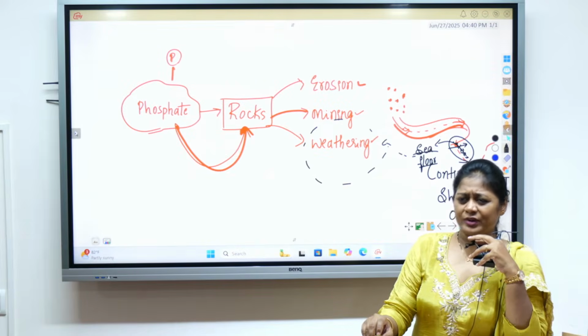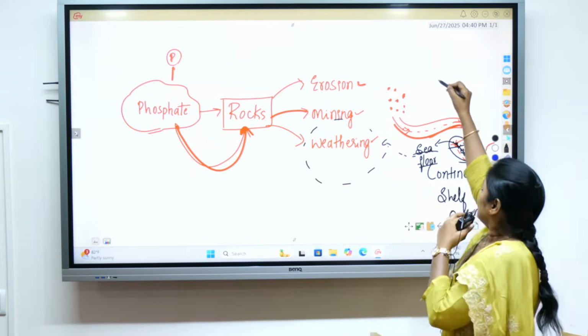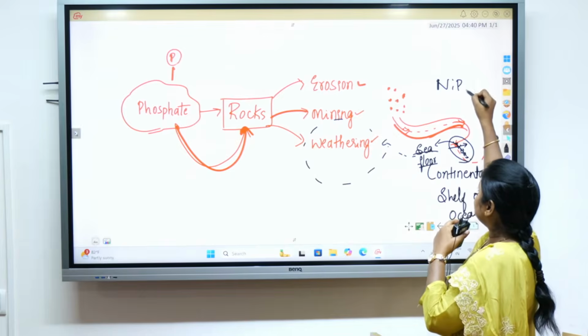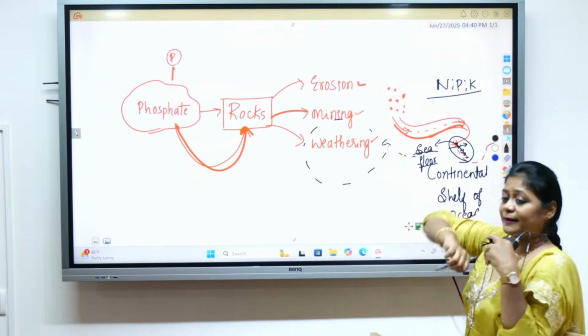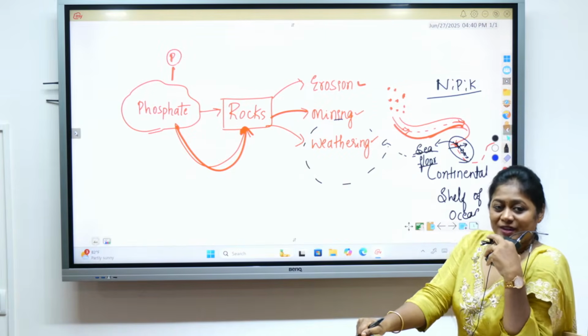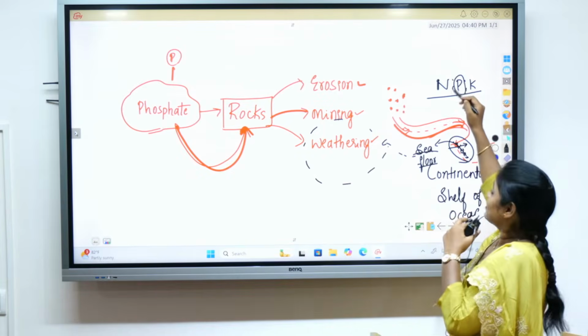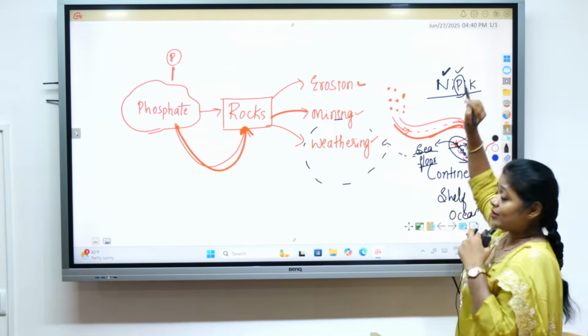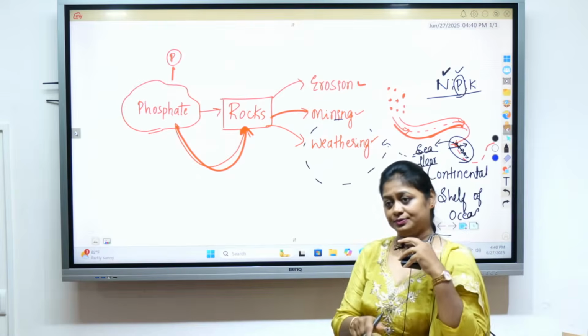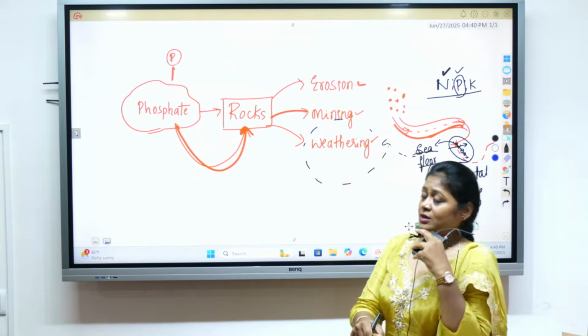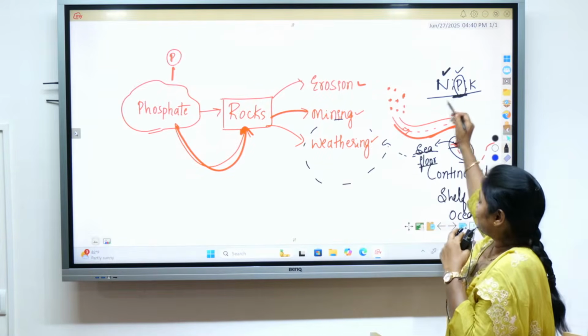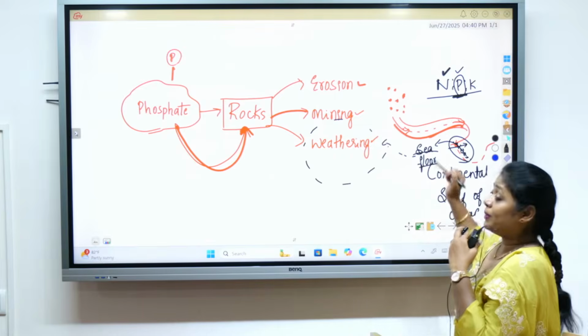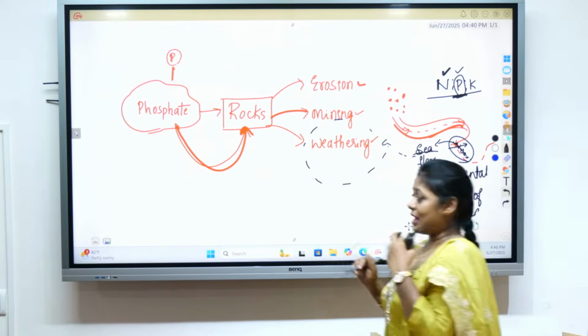You have heard of NPK, haven't you? Which one is phosphorus in this? P. So it is the second most required nutrient for plants, right? Phosphorus will be taken up by plants as a nutrient.